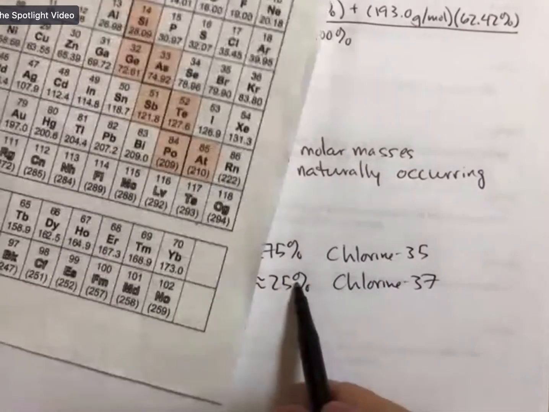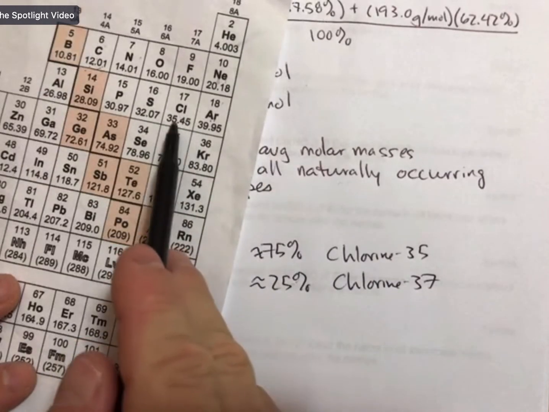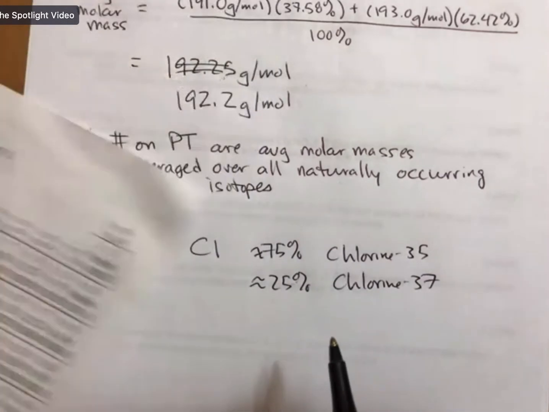If you put these numbers together, you'll get a number very close to 35.5. And again, you're averaging over all of the different atoms that are naturally occurring.